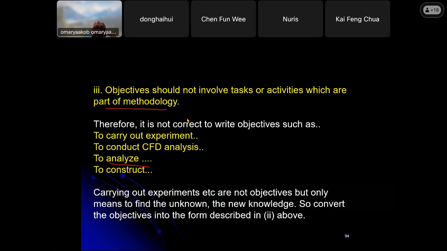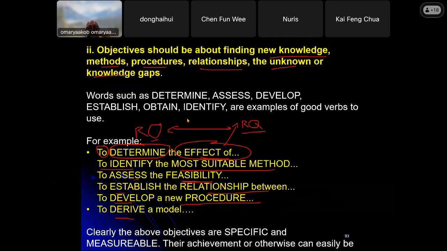But if you go to this one, okay, you see the example, to determine the effect of. Do you think you can develop the research question from here? To go back, reverse engineering. So what is the effect of? Okay, number 2, what is the most suitable method?